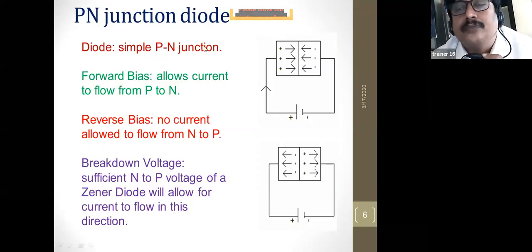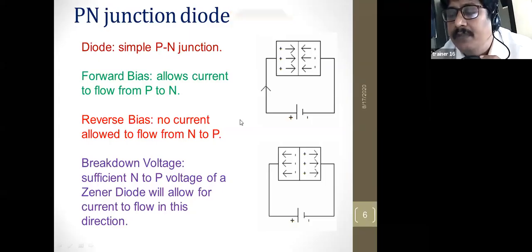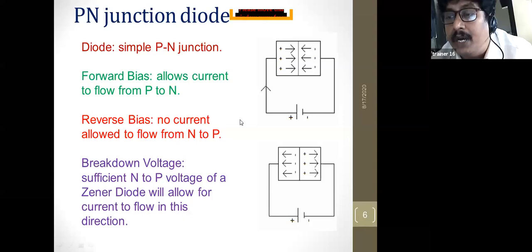The next topic is the p-n junction diode. Here I will discuss the p-type semiconductor. What is the meaning of semiconductor? Semiconductor means partial conduction.